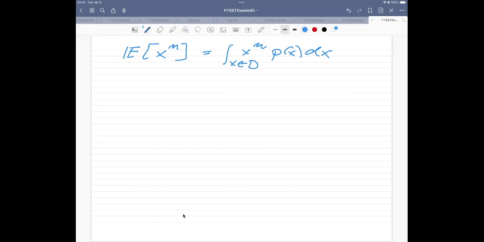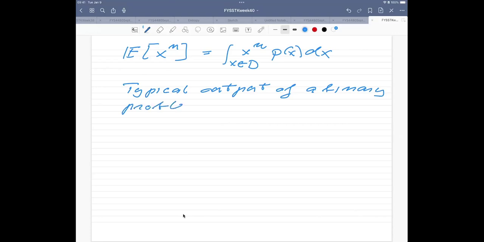Now, if we look at a typical output of a binary problem, a binary problem is a case where we have y_i equal to either 0 or 1.